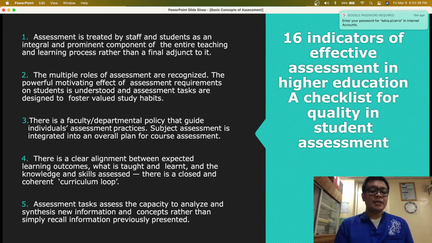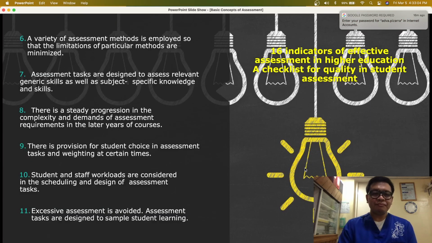Subject assessment is integrated into the overall plan of course assessment. Number four, there is a clear alignment between expected learning outcomes, what is taught and learned, and the knowledge and skills being assessed, and there is a close and coherent curriculum loop. Number five, assessment tasks assess the capacity to analyze and synthesize new information and concepts rather than simply recall information previously presented.